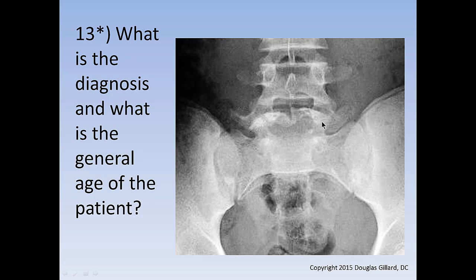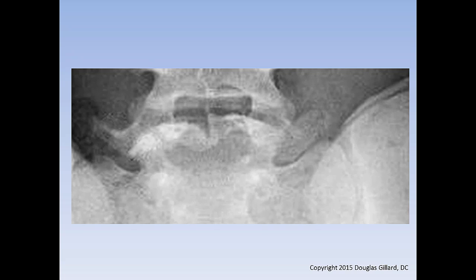Over here, now this may be compensatory reactive sclerosis because the biomechanics are all screwed up, or it could be a healed one, or it may be a new subtle spondylolysis on this side. Remember, it's quite rare for you to have a unilateral spondylolysis. In other words, the fracture site usually is on both sides. There's another picture of it.